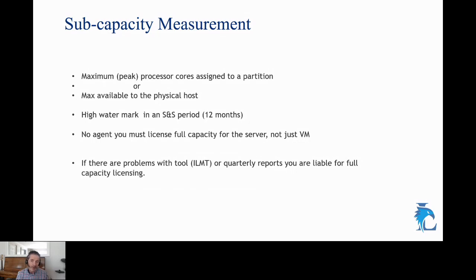And it may be the case that you're over licensed in the new period. That's a separate conversation. Also, if there are ever any problems with ILMT, or indeed with your quarterly reports, you're liable for the full capacity licensing. Now, it's only going to be on the physical server you have the product deployed on, but keep that in mind. At any point, you are potentially liable.